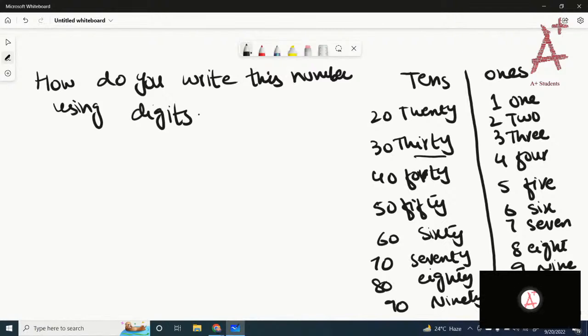And the number is 25. Okay, so here we have 20 and here you have 5. So for the tens digit you just need to write the digit that is at the tens place. In the 20 you write the 2, and for 5 write the 5 from the ones. So you can make 25 like this. You are given 4 options. Select the correct option. The correct option is 25 and then click on the OK button.